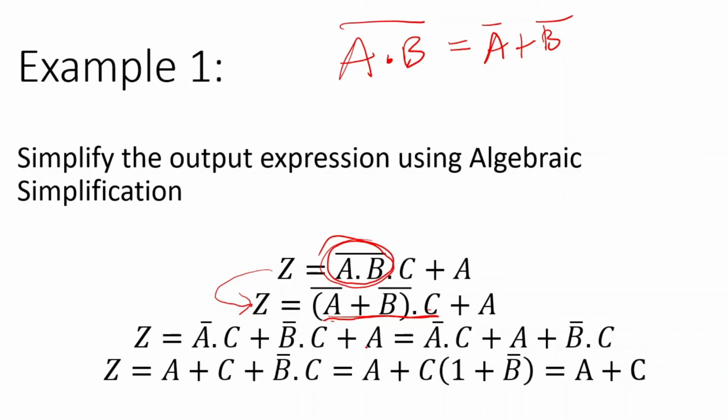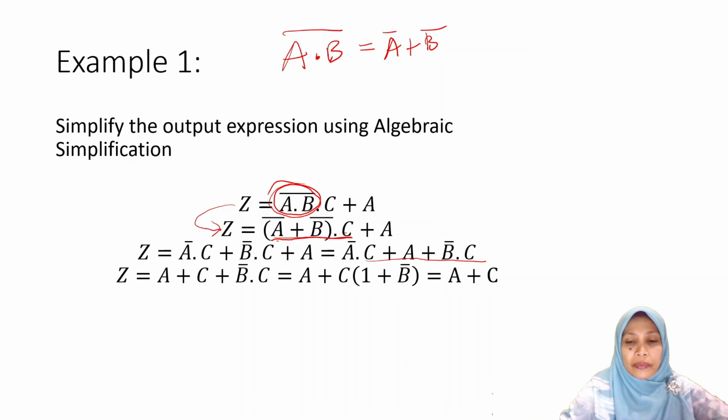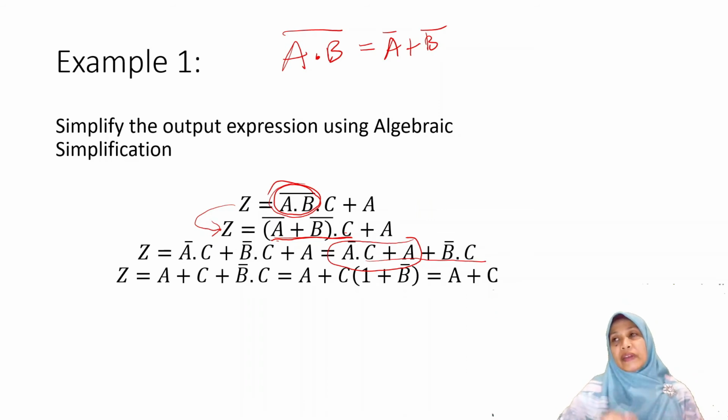Alright. So from here, I just rearrange the equation so that we can simplify this part. You can refer to the Boolean theorem I gave in the notes during lab 1. Please refer to equation number 11 in the Boolean theorem.